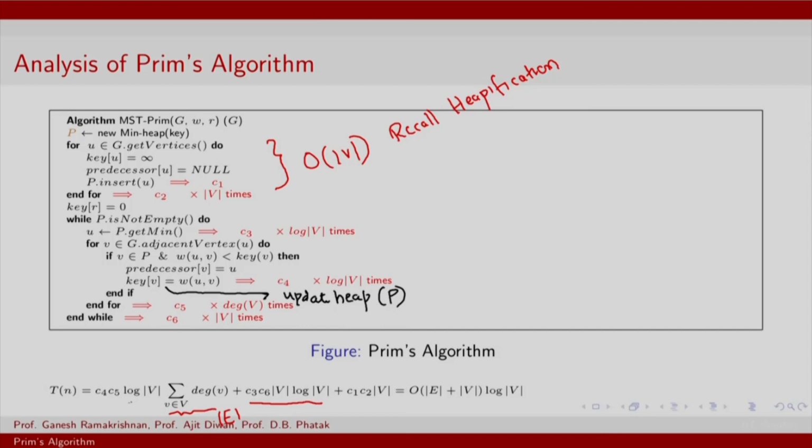So that gives you C4 times C5 times log V multiplied by summation over all vertices of the degree of that vertex. So this is nothing but order of E log V plus order of V log V.